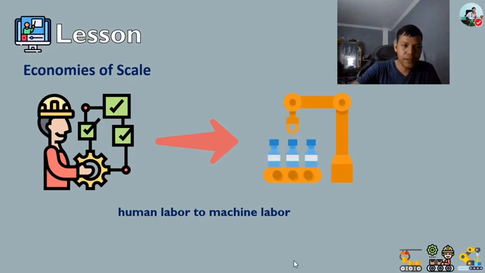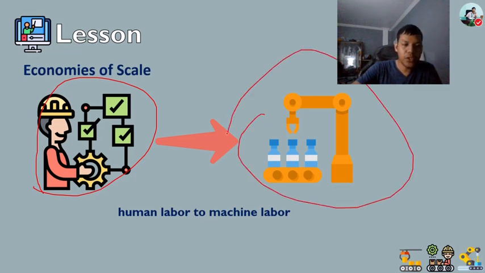Okay? That's why a lot of business firms choose, or they make some changes, instead of hiring lots of human labor or human workers, to machine labor. So what is the advantage of using machine labor or machinery instead of human workers?